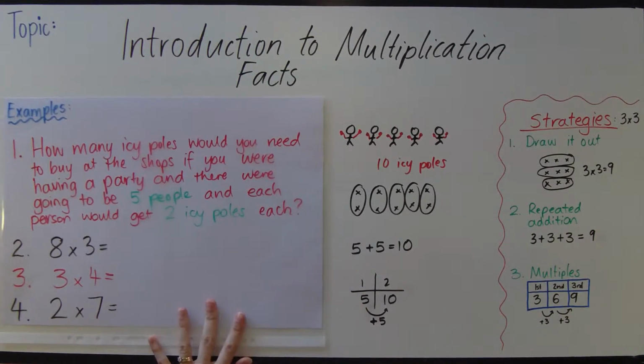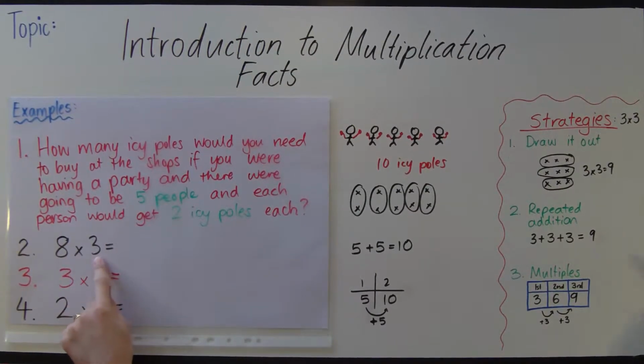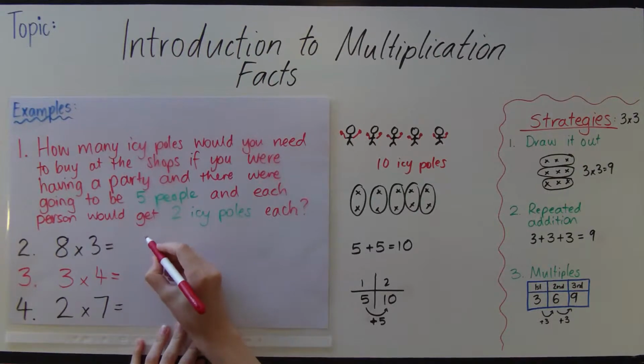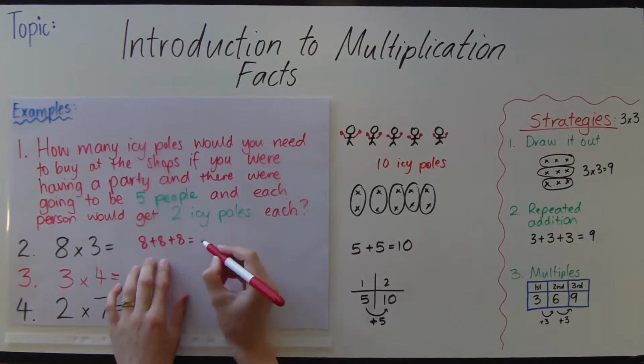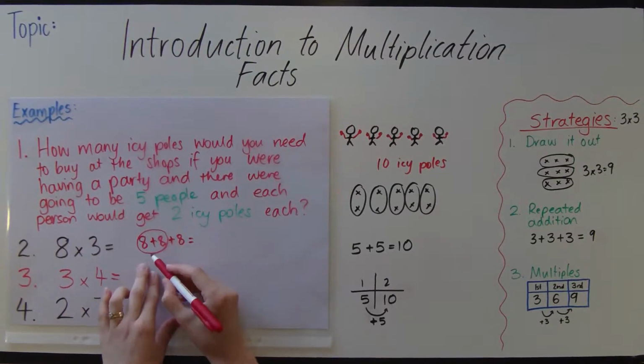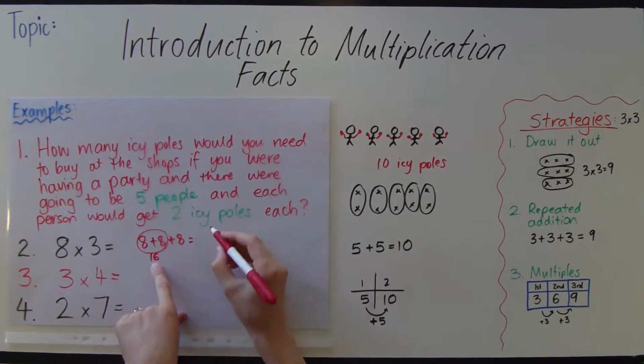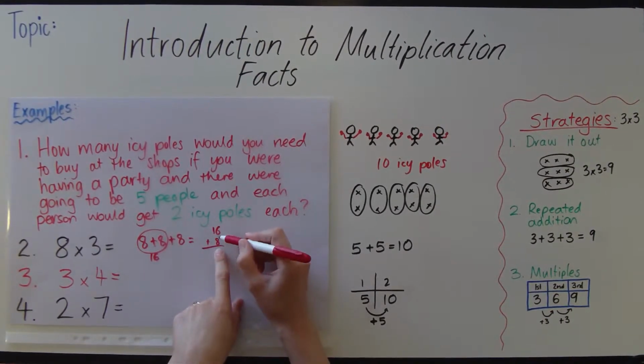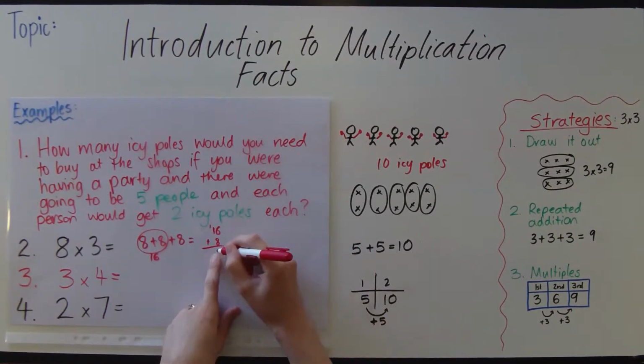And then looking at this next one over here, we have 8 times 3. For that one, you could just go 8 plus 8 plus 8 if you wanted. And we know that 8 plus 8 is 16. So 16 plus 8, we could do it like this. We go 8 plus 6 is 14.